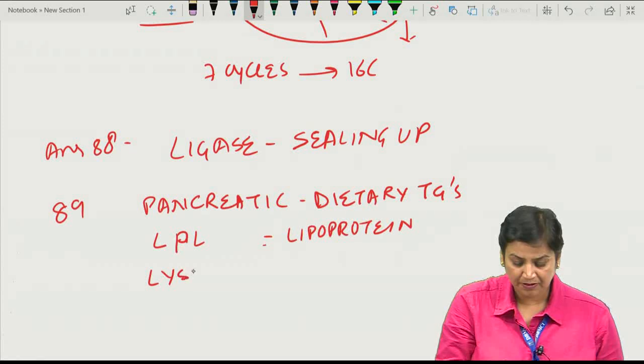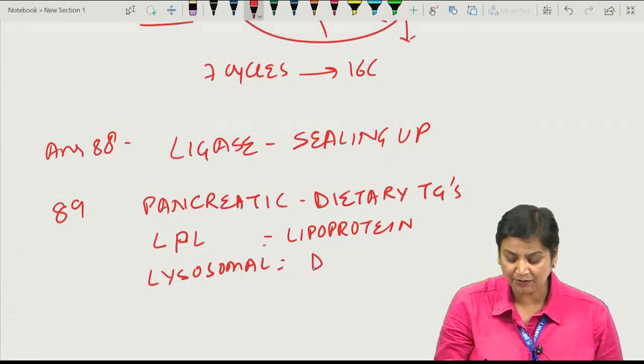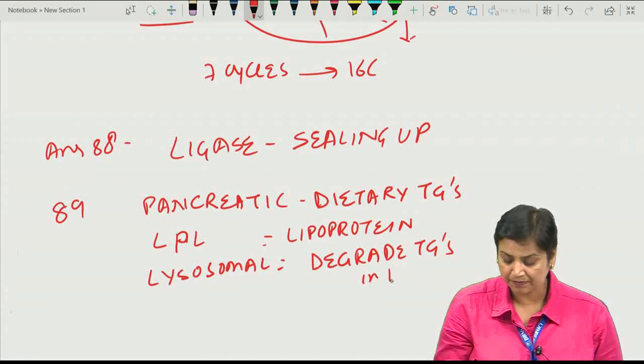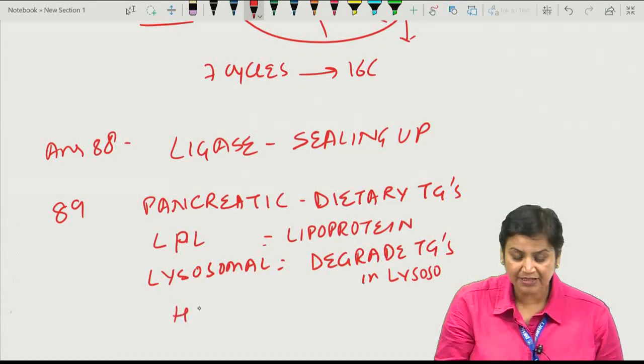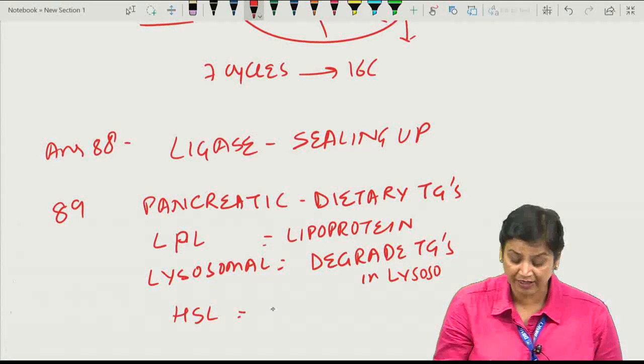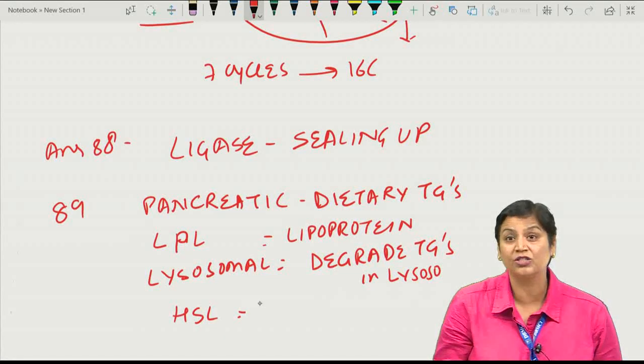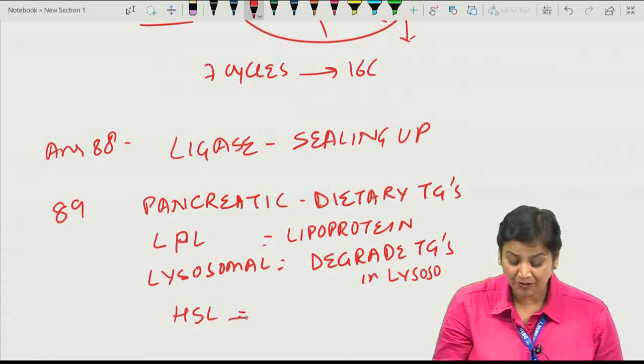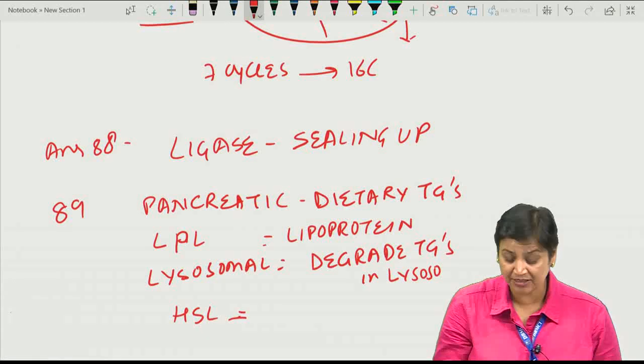Lysosomal lipase will degrade TGs in the lysosomes, and hormone sensitive lipase is going to degrade those TGs which are already stored in the adipose tissue. Why? Because this HSL, hormone sensitive lipase, is present in the adipose tissue.